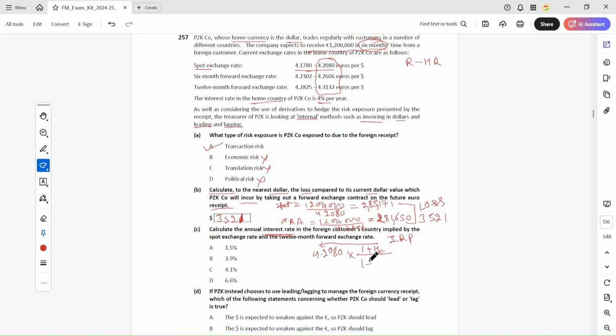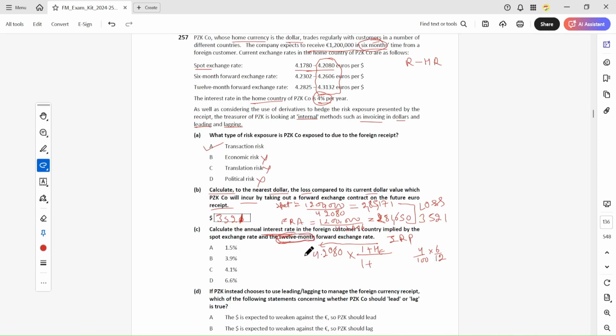So inflation in the euro, 1 plus 4%, right? 4 divided by 100 multiplied by 6 divided by 12. We have to calculate for 12 months.